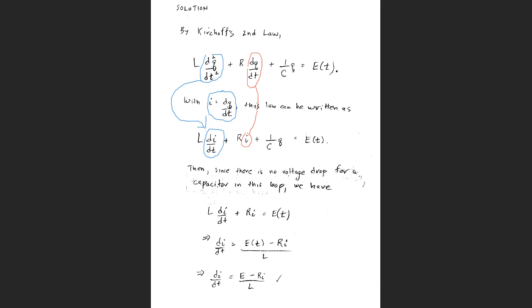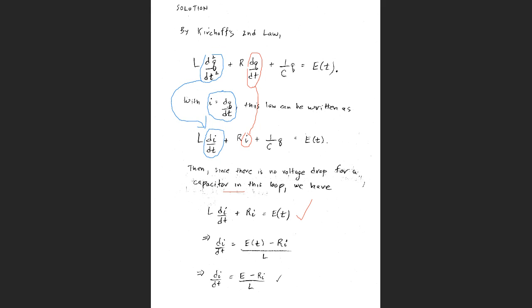Okay, and understand I is a function of time, but we suppress the t. Since there's no voltage drop for the capacitor in this loop, we ignore that term, and this becomes the differential equation that will model the energy in our circuit.